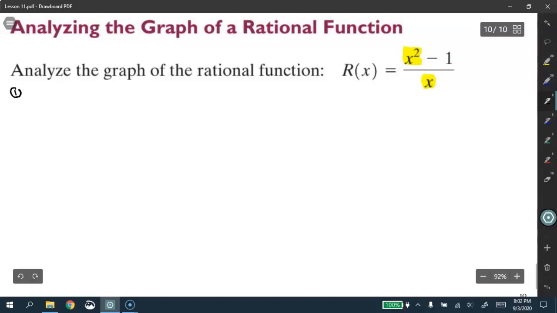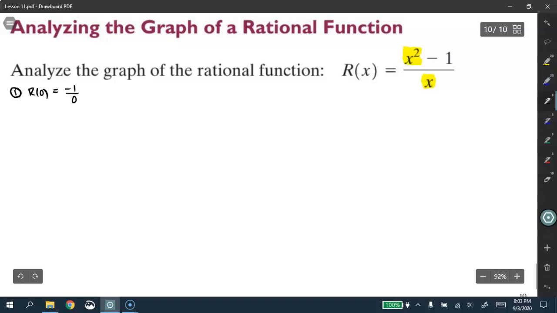So step number 1 is to go ahead and find the y-intercept, right? So that one we've done several times before. So r of 0 is basically equal to -1 divided by 0, right? Because if you plug 0 in here, that just gives you 0 minus 1, which is -1.